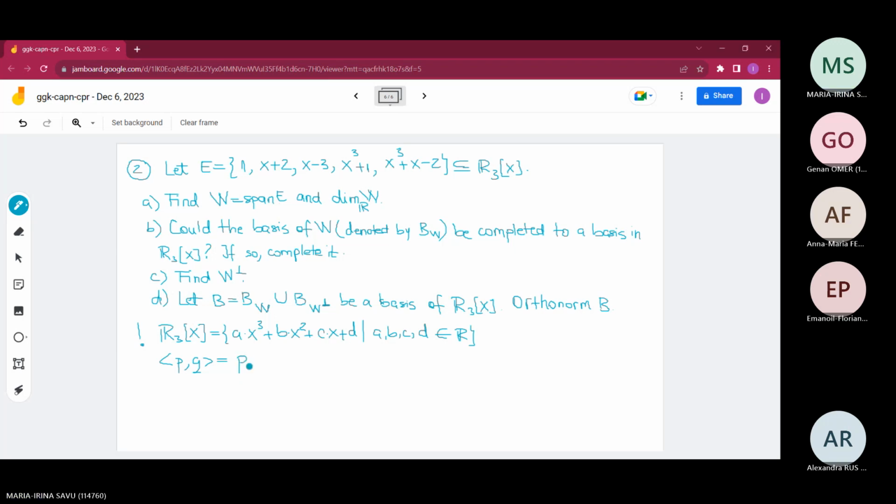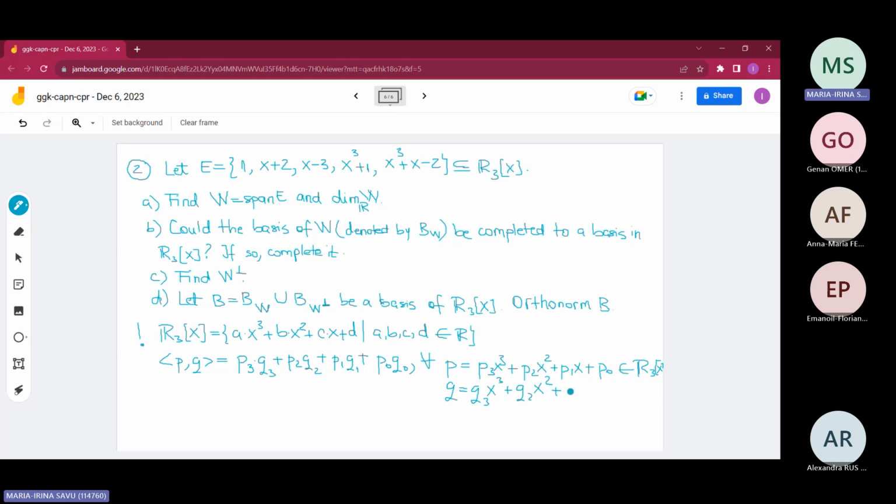So it will be P3 Q3 plus P2 Q2 plus P1 Q1 plus P0 Q0, for any P and Q in R3 of x. Okay, see the product.